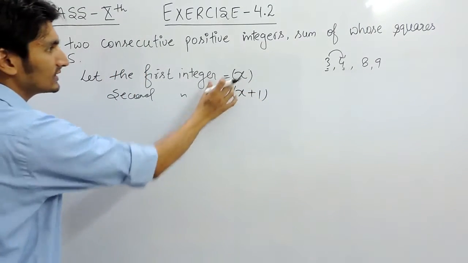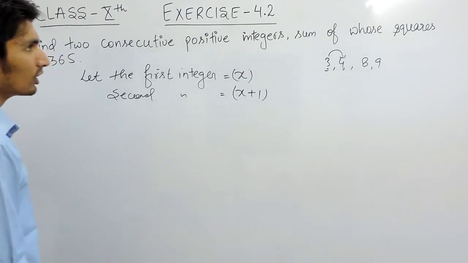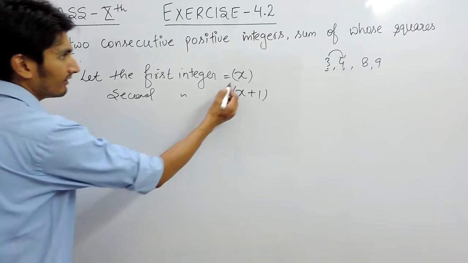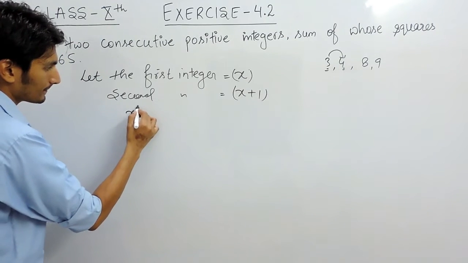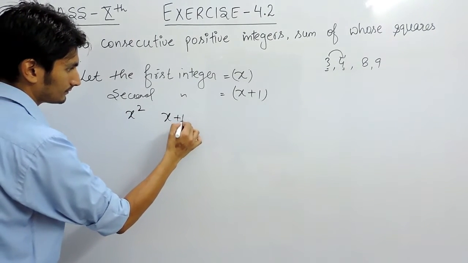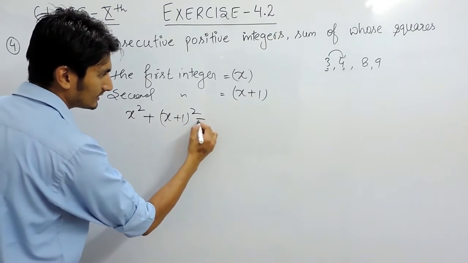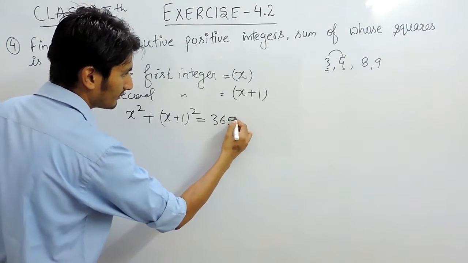So we have two consecutive integers, and according to the question, the sum of whose squares is, meaning when we square these numbers and add them, it equals 365.